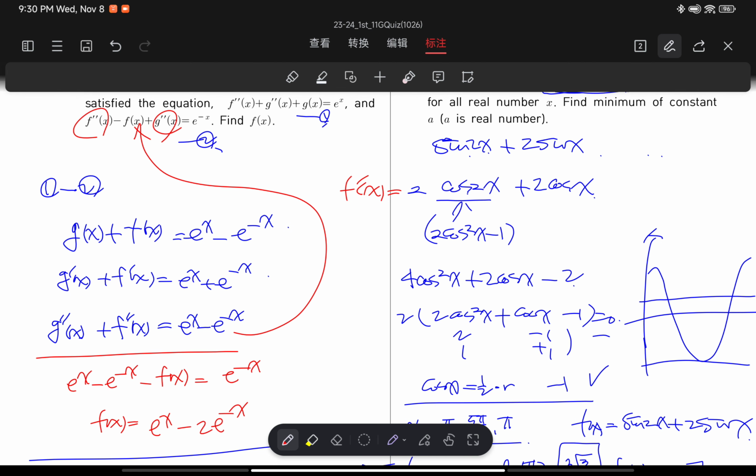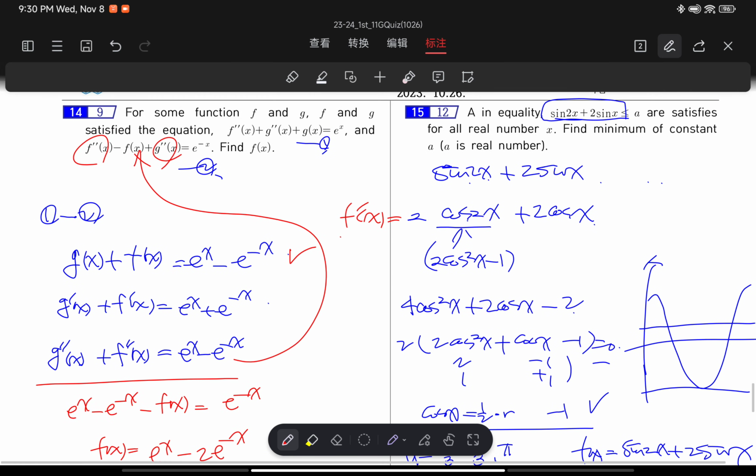So here, let this equation be the first equation and this one underneath be the second equation. So first equation minus second equation is here. So most of you found this, and then you stopped there.